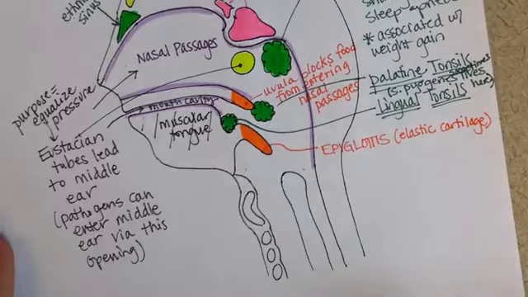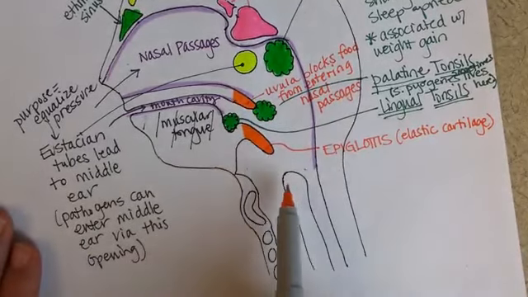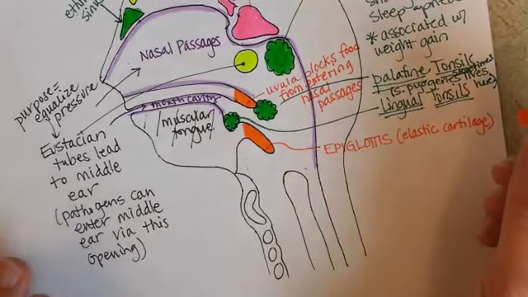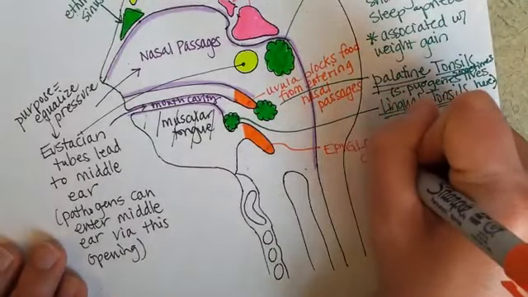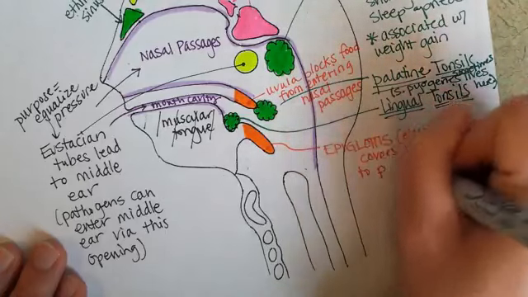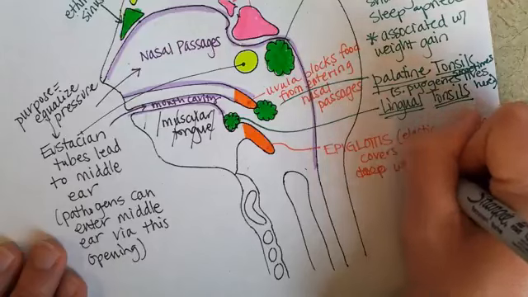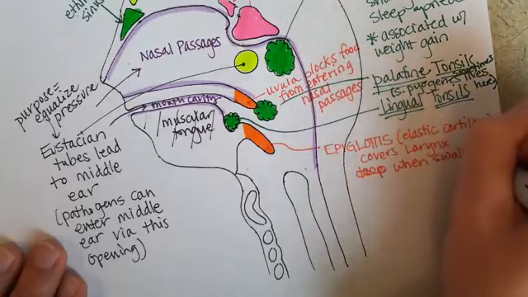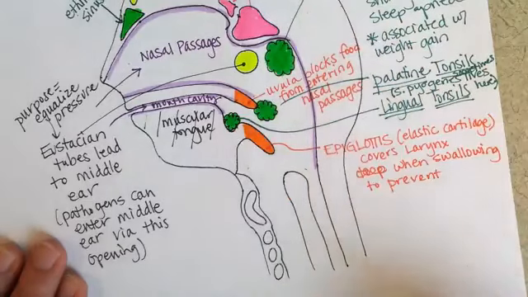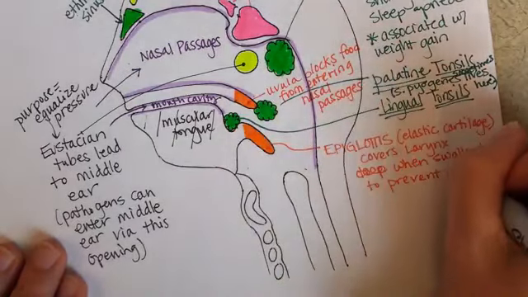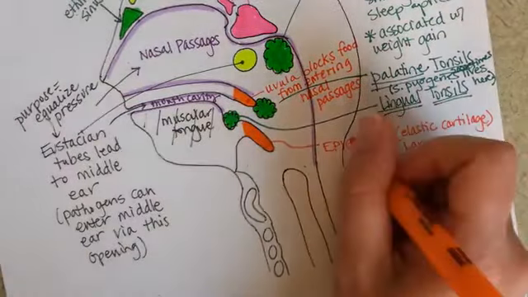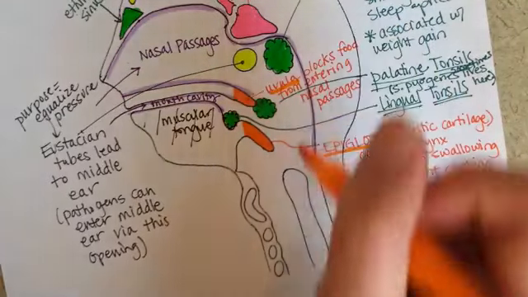And when you swallow, the epiglottis covers up the opening to the trachea, which is right here. Okay, so we have the epiglottis and the uvula.